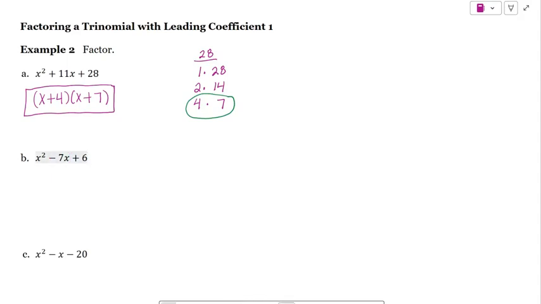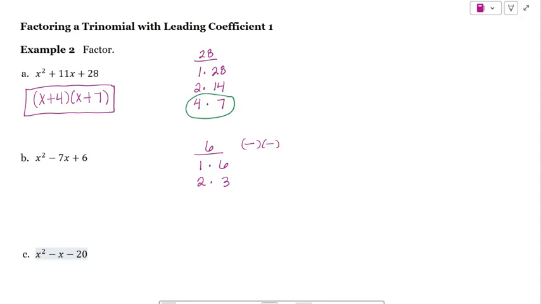So again, like I did in example A, I want to figure out what two numbers can be multiplied together to give me 6. Option 1 is 1 times 6. Option 2 is 2 times 3. Now, we just said that both of the numbers that we're looking for are going to be negative. So I'm going to combine two negative numbers and hopefully end up with a negative 7.